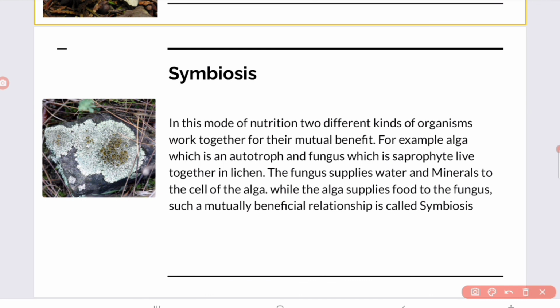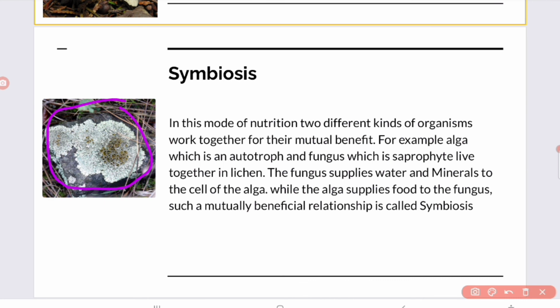For example, alga, which we know is a green autotroph and can make its own food, and fungus, which is a saprophyte, live together in lichen. This is lichen, which is whitish in color. Both alga and fungus are present.